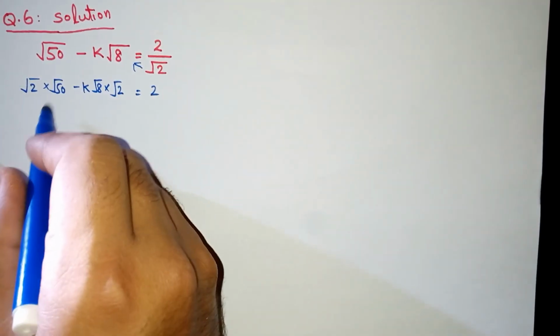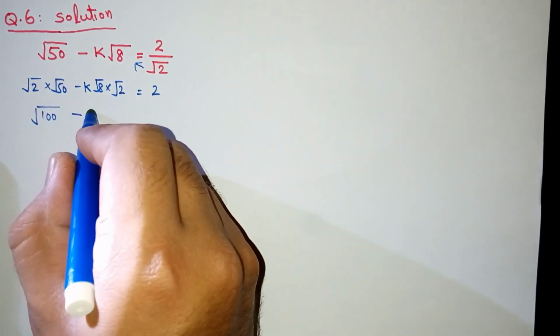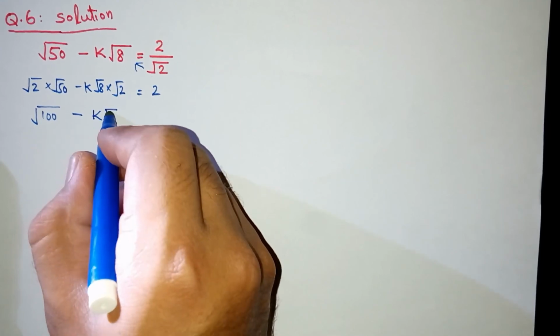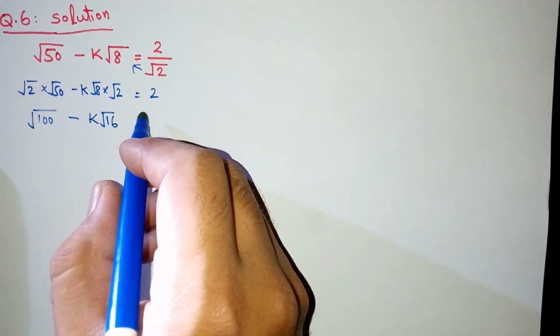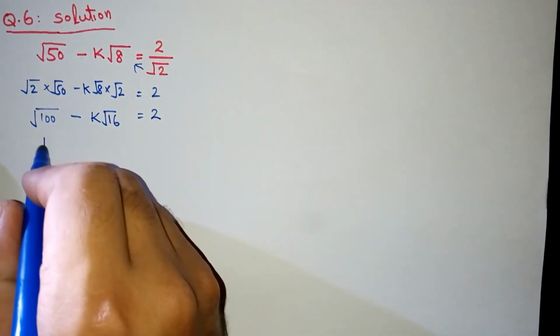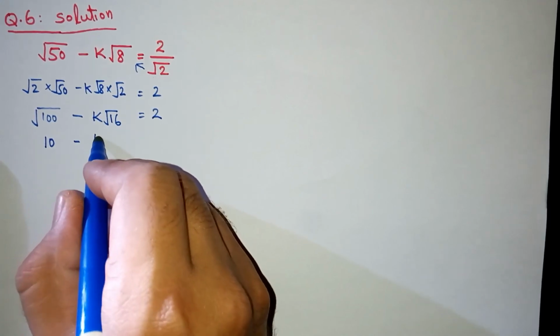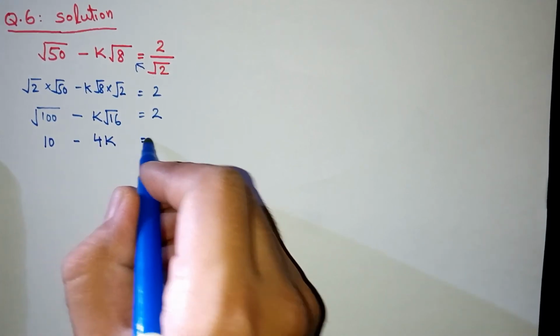Square root 2 times square root 50 will be square root 100, minus k square root 16, equals 2. Square root 100 is 10, minus square root 16 which is 4, equals 2.